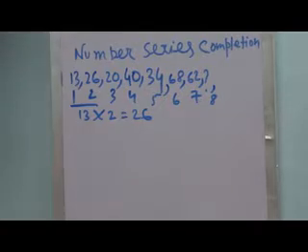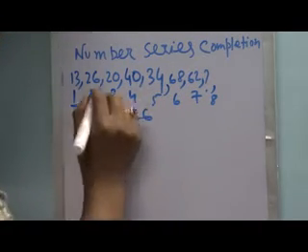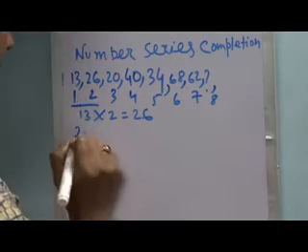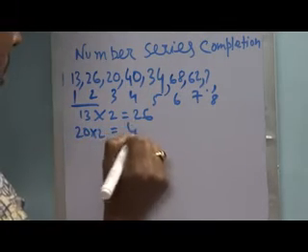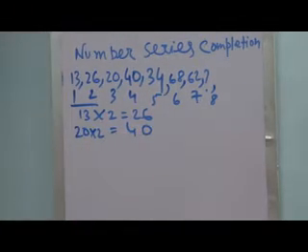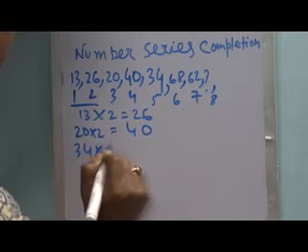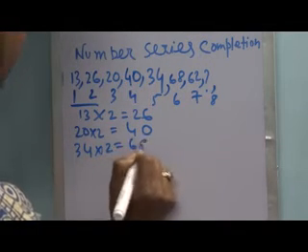Now 3rd and 4th position, what is the relation between them? The numbers in 3rd and 4th position, that is 20 into 2 equal to 40. Similarly, in case of 5th and 6th position, 34 into 2 equal to 68.